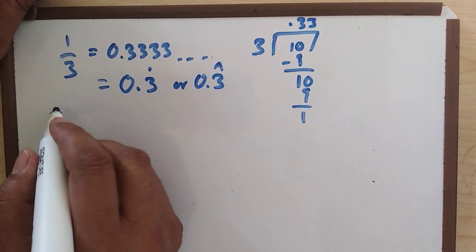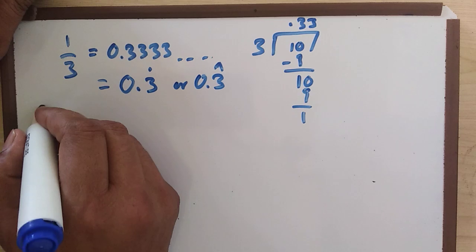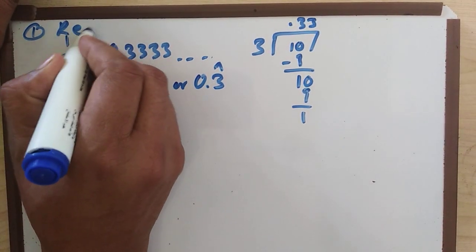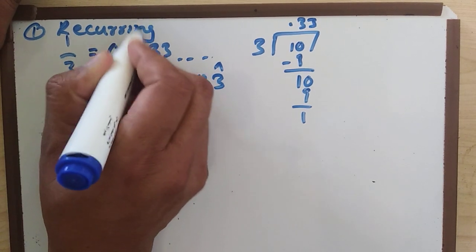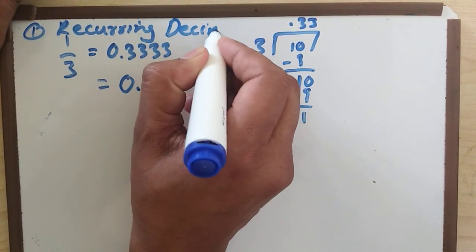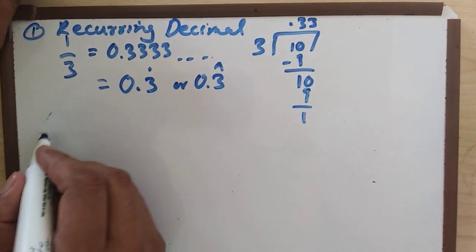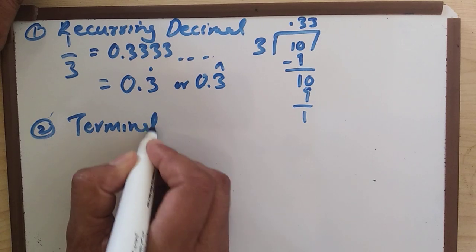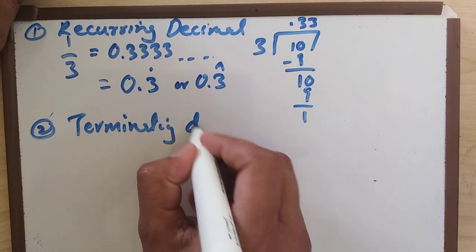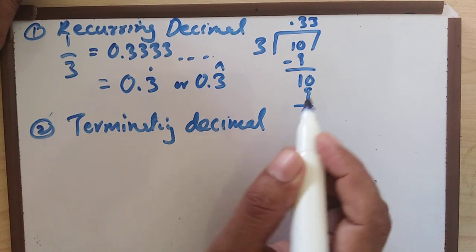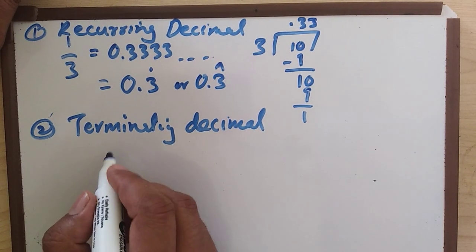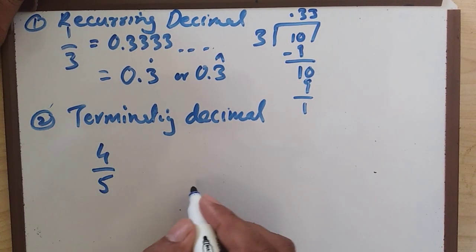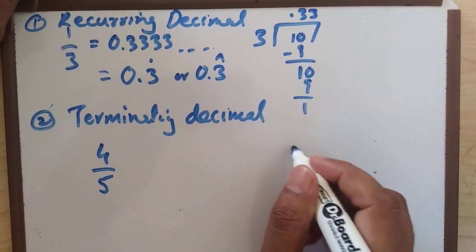So this is the first property of rational numbers, the recurring decimal. The second is the terminating decimal. Another number that we are going to discuss here is 4 upon 5. Is this a rational number?